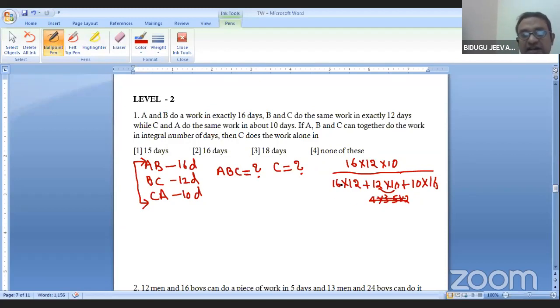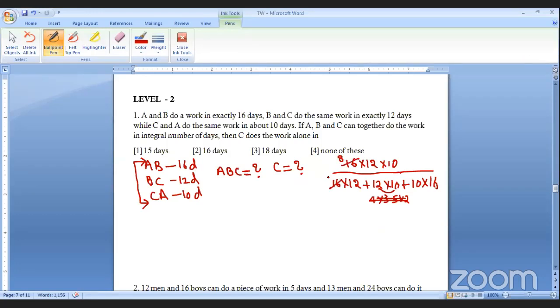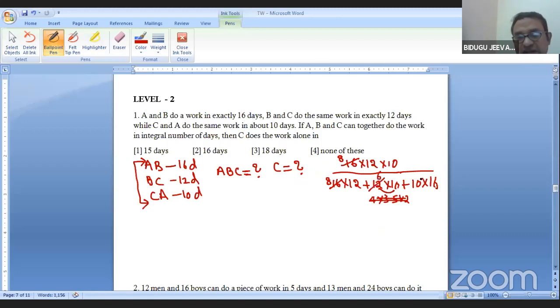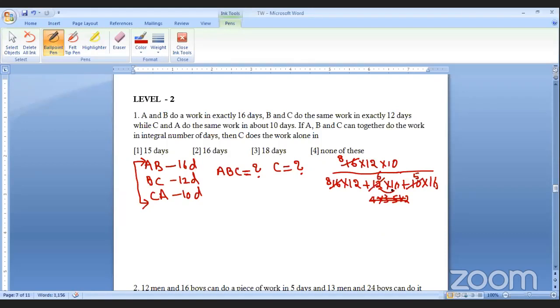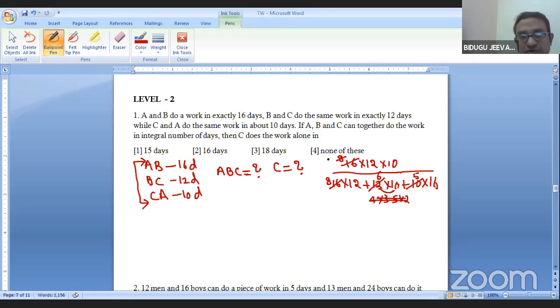Otherwise, reduce like 12, 2 by 2, then again 2 by 2. Now let me write as it is: 4 into 12 into 10 divided by 12 fours are 48 plus 3 tens are 30 plus 8 fives are 40. That is 118.